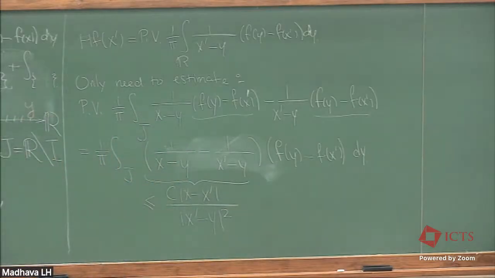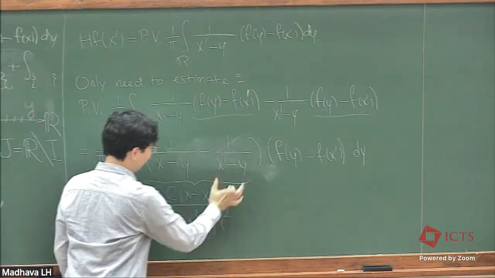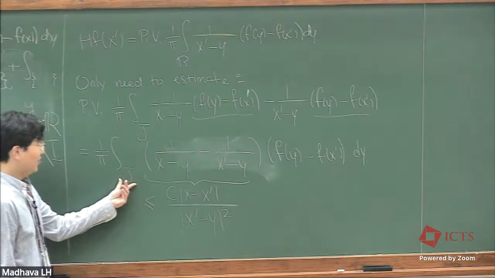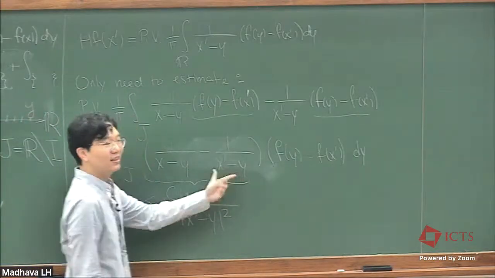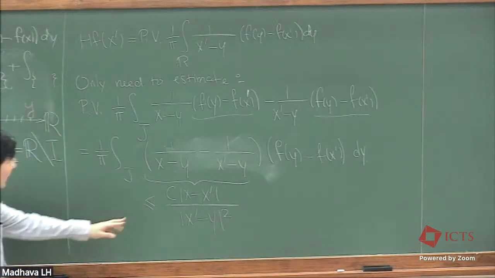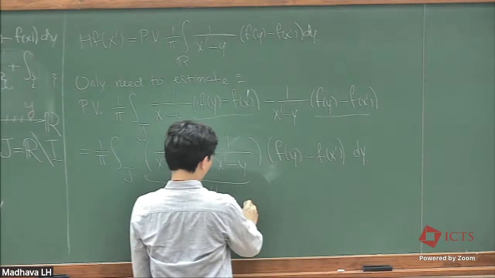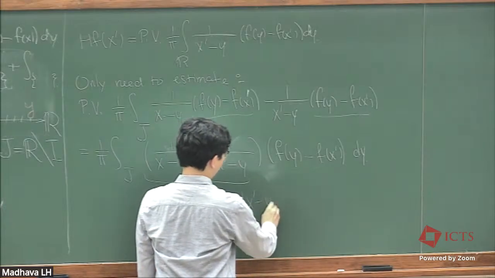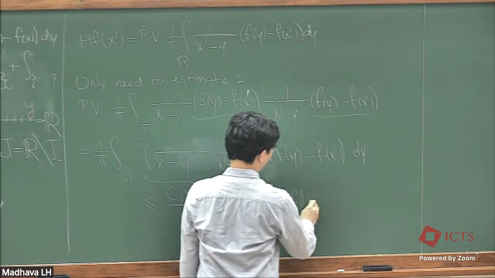So if you just combine the fractions, you have this times that. But in this interval J, this is very close to that. That's why you get this estimate. And this in absolute value is bounded by this to power alpha times the semi-norm.